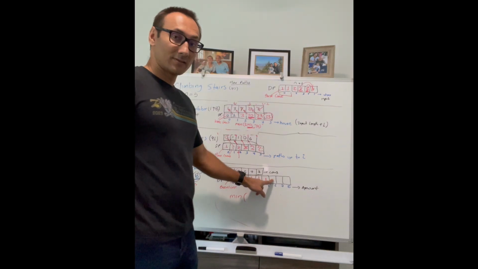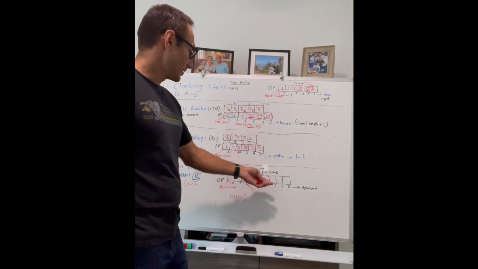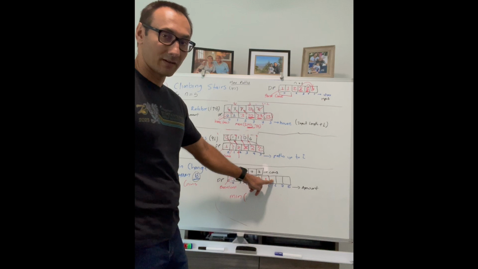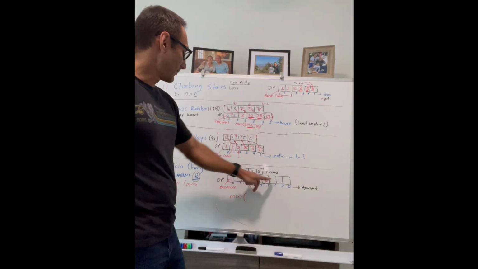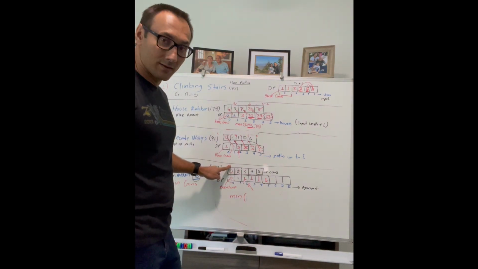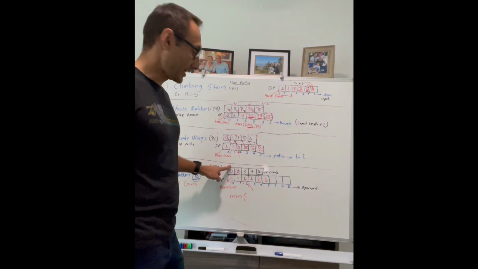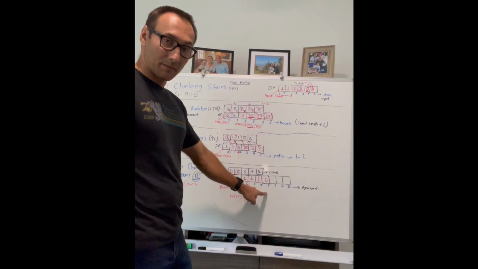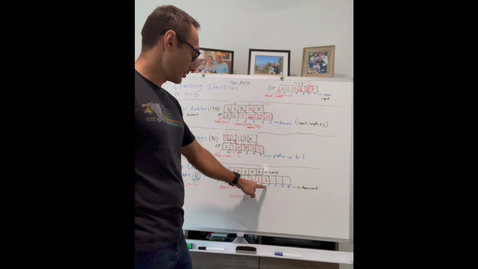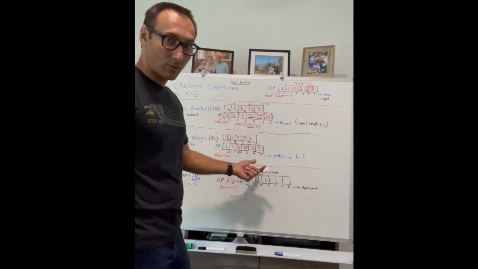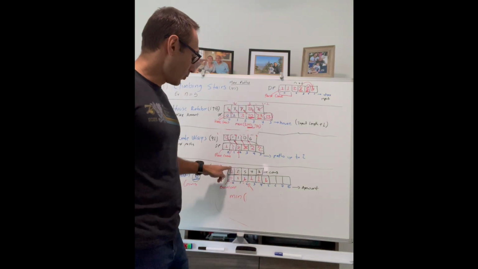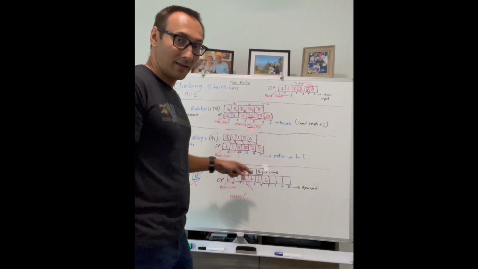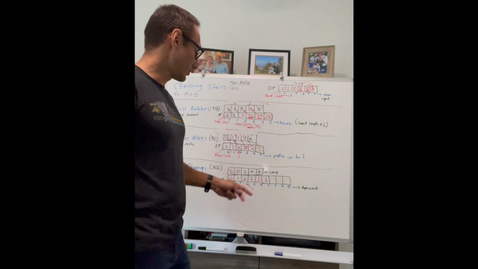If I get to 6, there are different options. I can have the coin of 1 and I have 5 left. The solution for $5, the minimum combination, is 1, a coin of 5. So if I pick 1, then I pick 5, and I have 2 coins to get to 6.